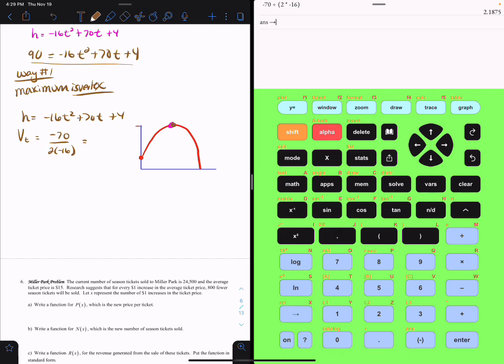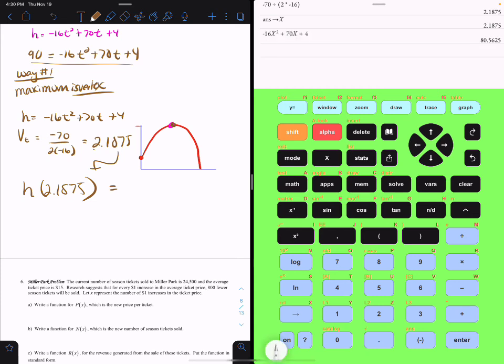I'm going to store that in my calculator as x, so I know that it's 2.1875. Then if I know what that x value, or in this case the t value, is, I'd have to plug that in. So for the height at that number, I'll use my calculator. Since I already have it as x, I can just type my equation in: negative 16x squared plus 70x plus 4.